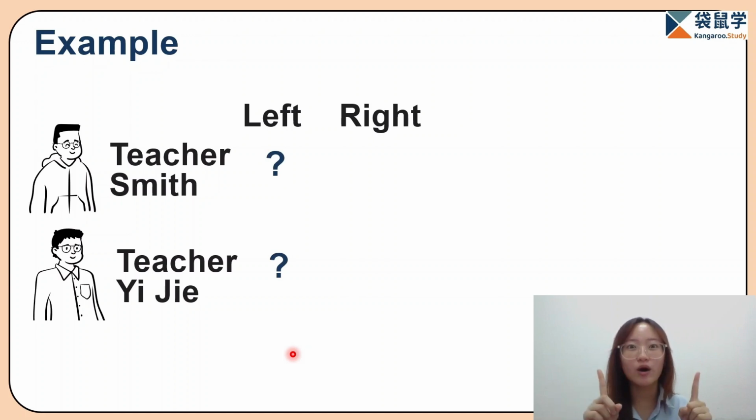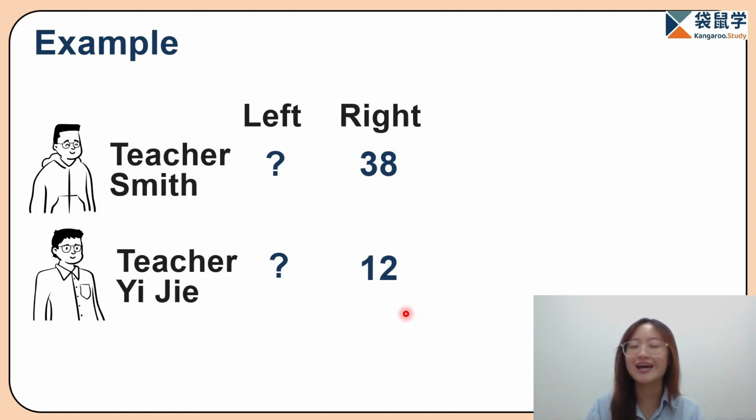It is equal numbers. Next, Teacher Smith has 38 in his right pocket and Teacher Yijie has 12. Now the question is, can you find the difference in the total number of candies between Teacher Smith and Teacher Yijie? You may pause the video to think.